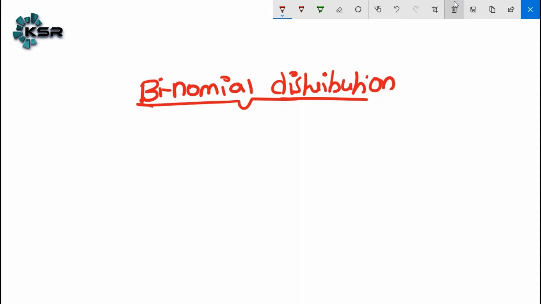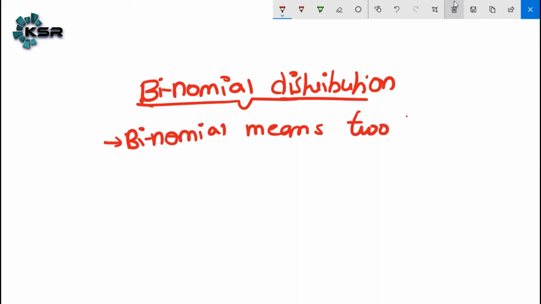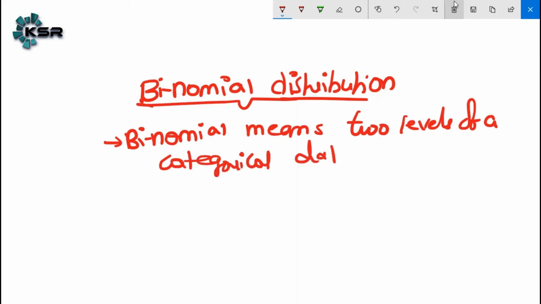Bi means two levels of a categorical data: yes or no, 1 or 0, true or false.